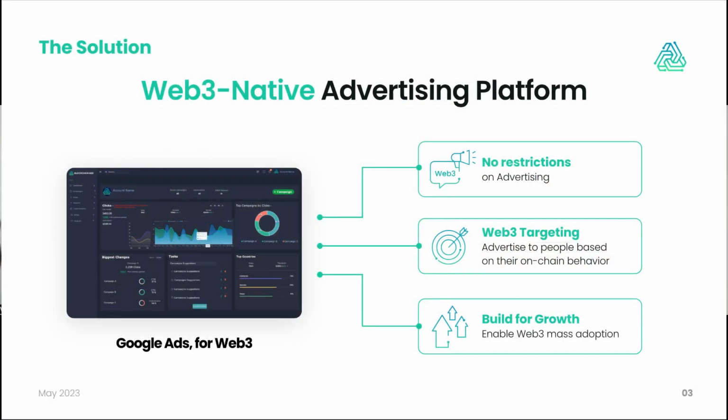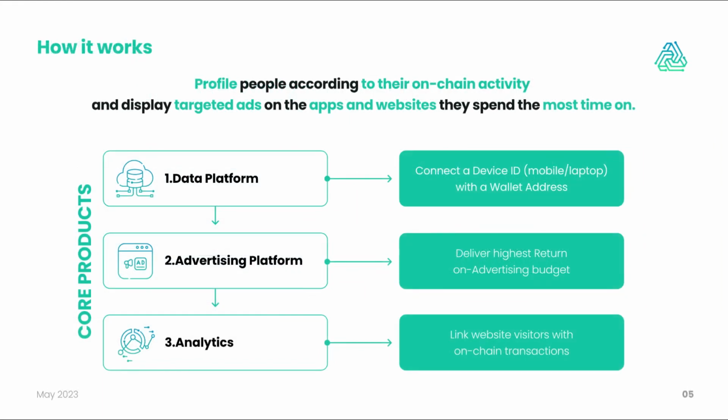But more importantly, even the current Web3 or crypto networks don't enable targeting users based on their on-chain activities or on-chain behavior. And this is specifically what Blockchain Ads does. It's a Web3 native advertising platform where there are no restrictions, and it enables advertisers to target their ideal customer based on their on-chain activities, their behavior, the chains they're interacting with, the tokens they're holding, and so on. In a very short explanation.